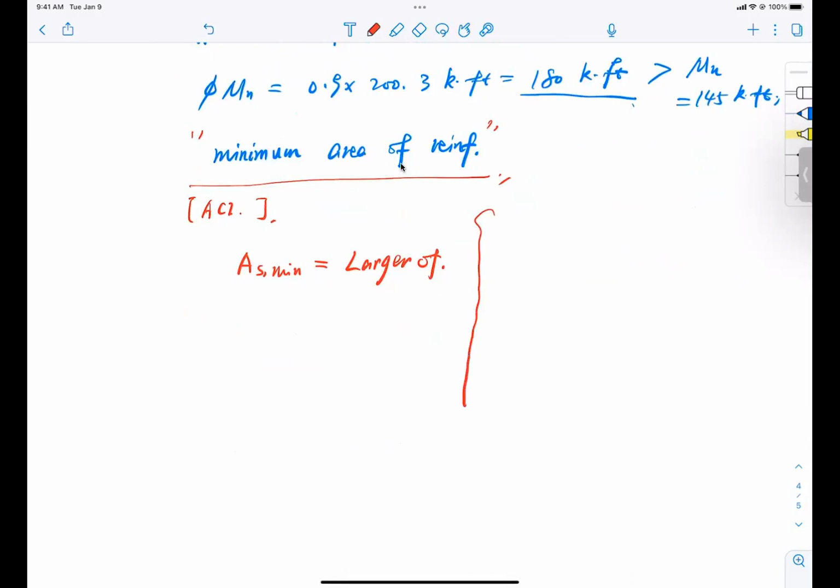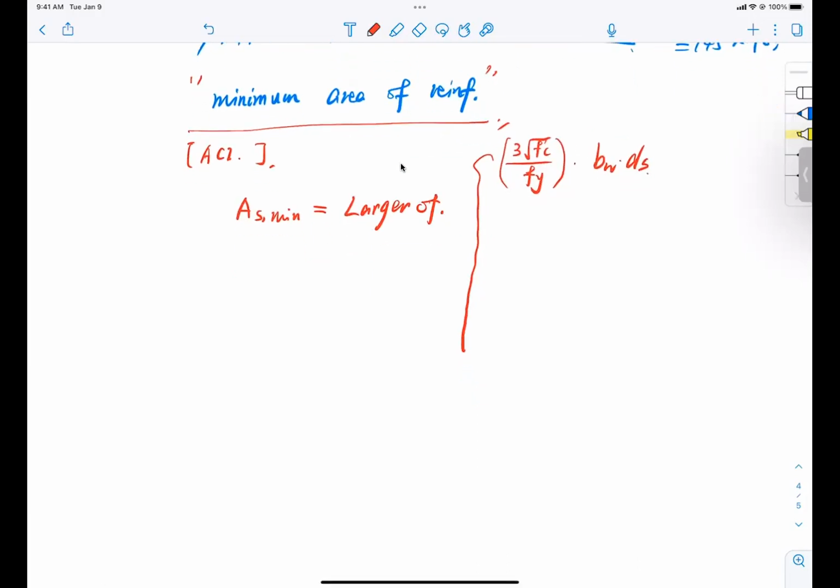First equation, 3 square root f prime c divided by fy, multiplied by bw ds. The second is 200 divided by fy multiplied by bw ds.